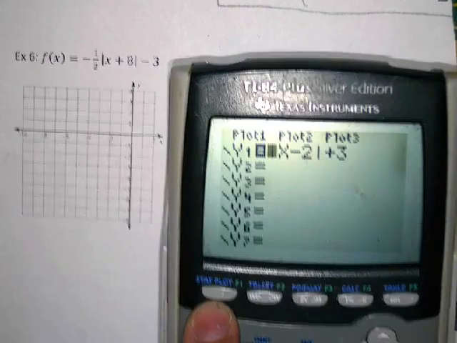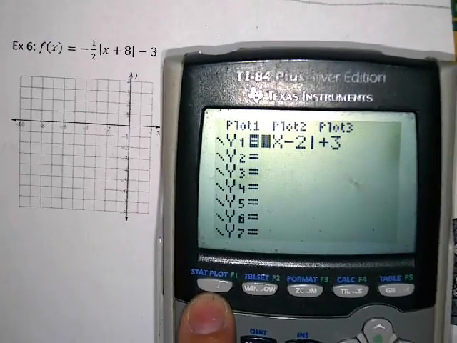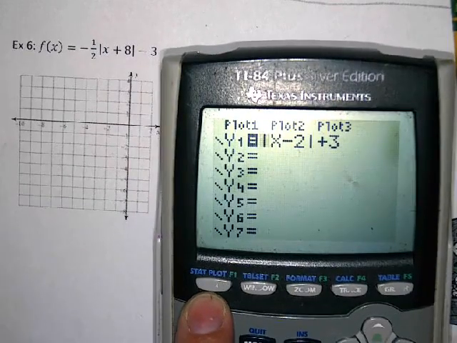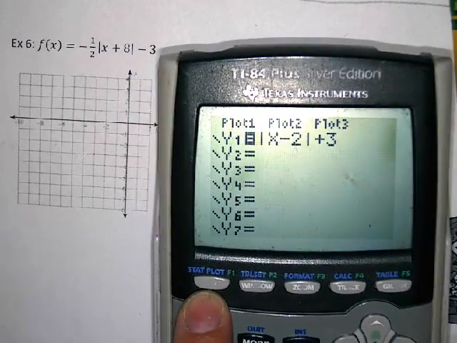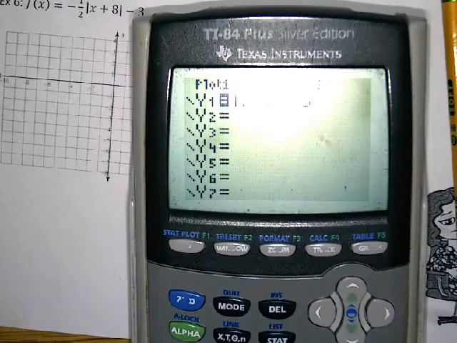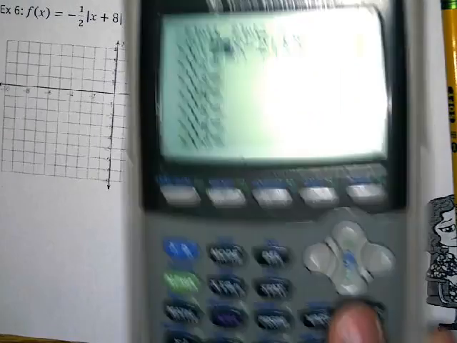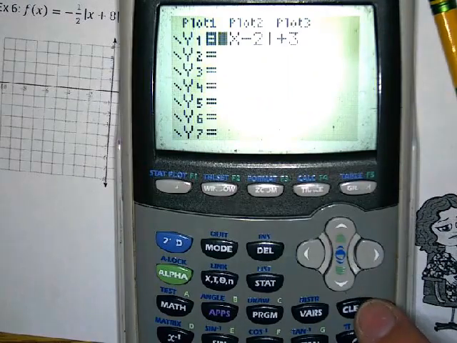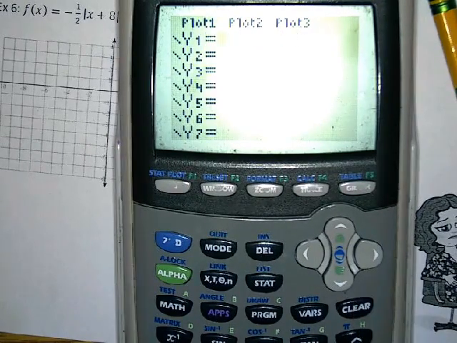I want to get rid of the equation that is up here right now. And so I'm going to hit the clear button, which is by the right arrow, to get rid of that. And the first thing we're going to type is a -1/2. A -1/2 is the first thing we're going to type. Hold on, it froze.